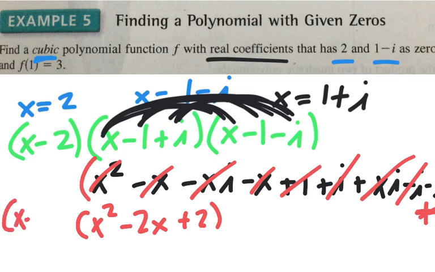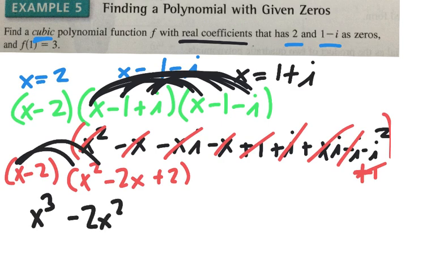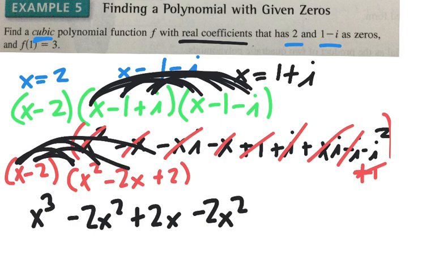But I'm still left with this x minus 2 from out front. So I want to distribute that as well. So that's x cubed minus 2x squared plus 2x minus 2x squared plus 4x minus 4.